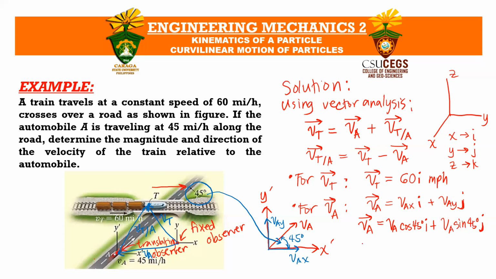And for that, since we have a given velocity of your automobile that is equal to 45 miles per hour, we will just substitute here in our equation.